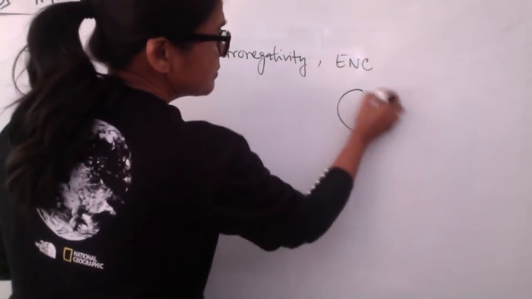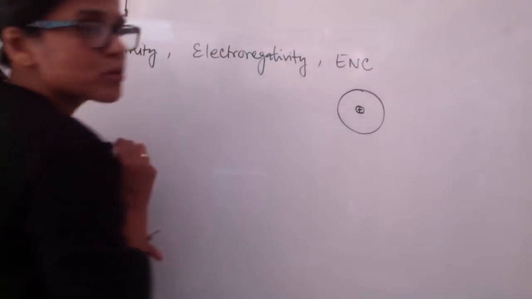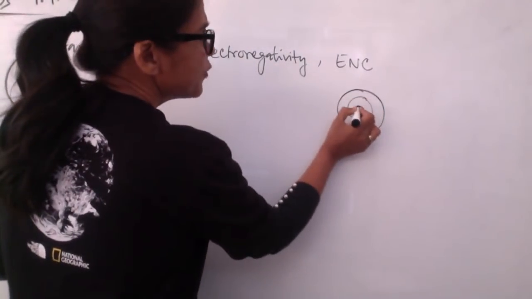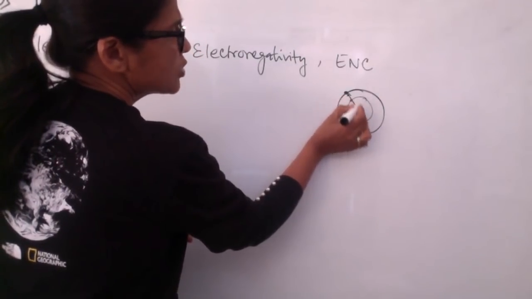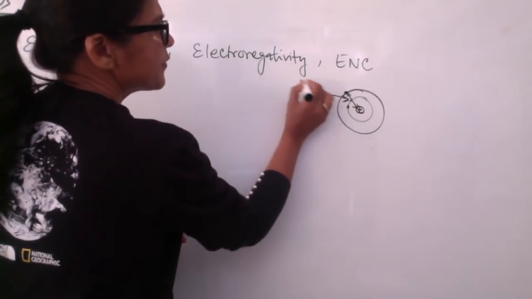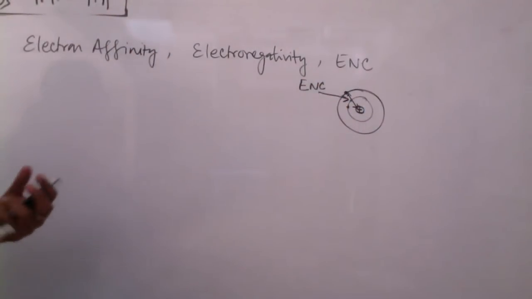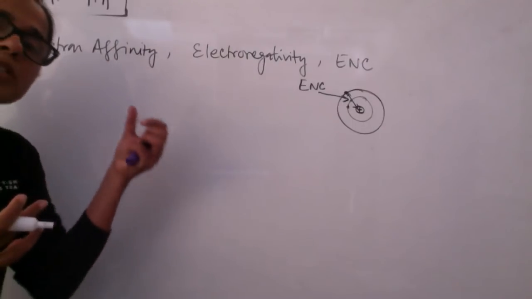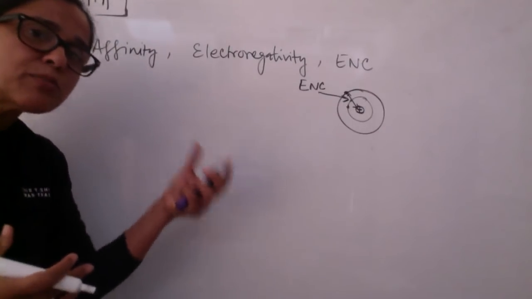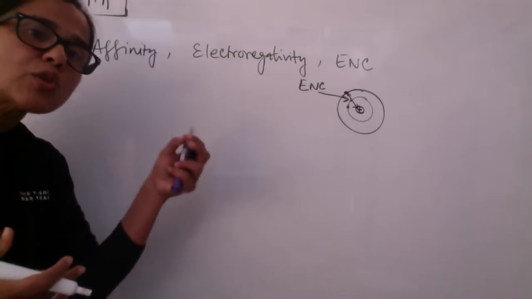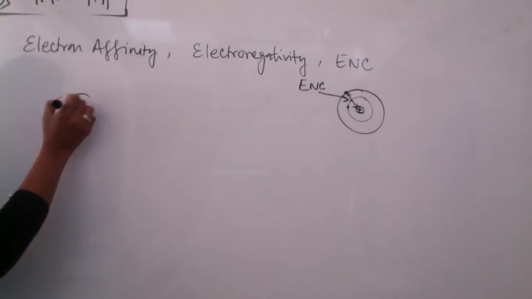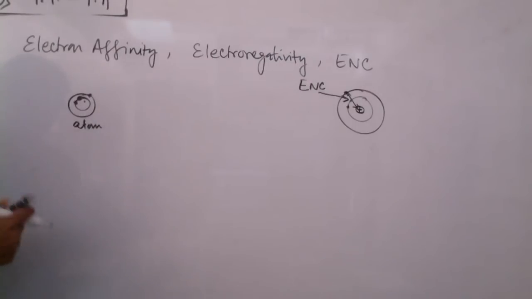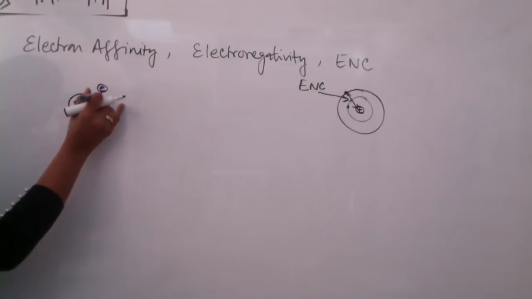If you have an atom and there are nuclear protons in the middle, the force of attraction exerted by these protons on the outermost electron is called effective nuclear charge. So effective nuclear charge refers to how much attraction an atom's outermost electron feels from its own protons. Electron affinity refers to if you have an atom with its own electrons, let's say 2 and 1, and now another electron approaches it.